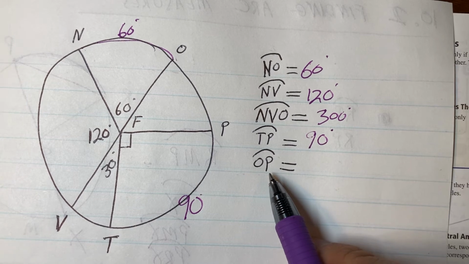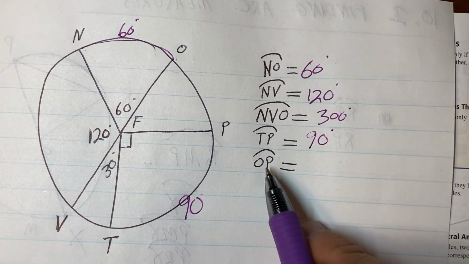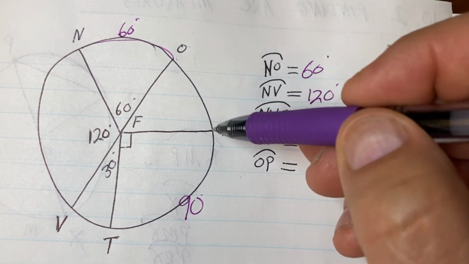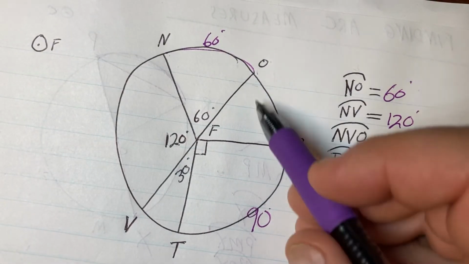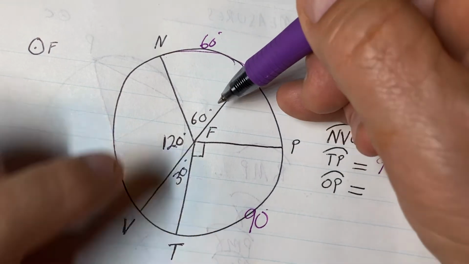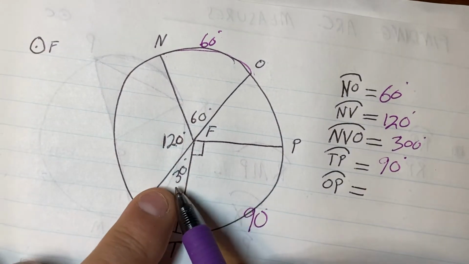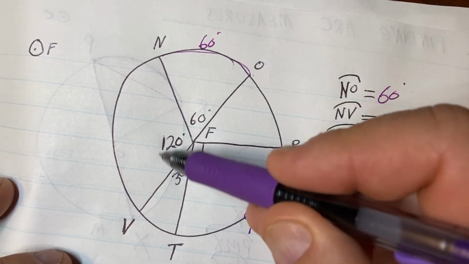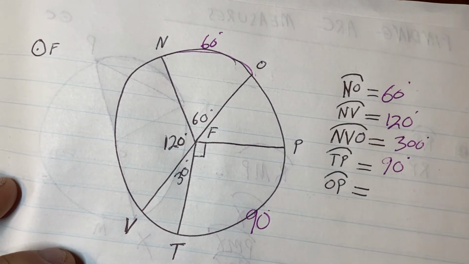Arc OP, from O to P. So the whole circle is 360. We know that's 60, that's 120, that's 30, that's 90. All these have to add up to 360.